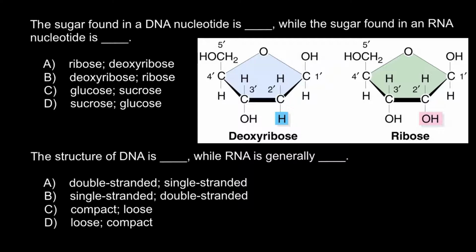So this is the only difference, and you may also guess that the D here stands for the D in DNA, and the R in ribose stands for the R in RNA. So the correct answer would be: the sugar found in a DNA nucleotide is deoxyribose, while the sugar found in an RNA nucleotide is ribose, and this is answer B.